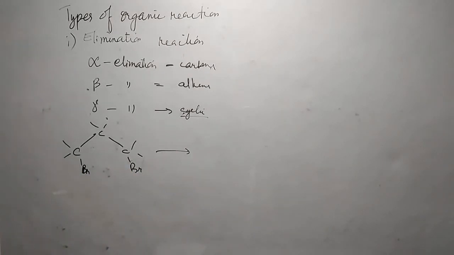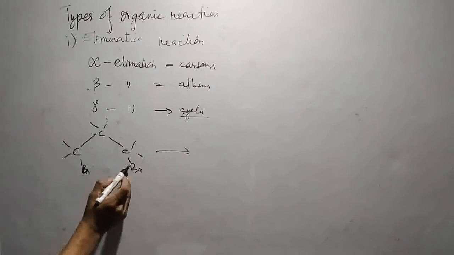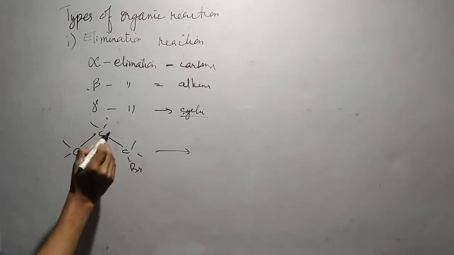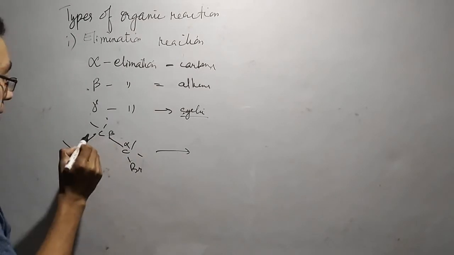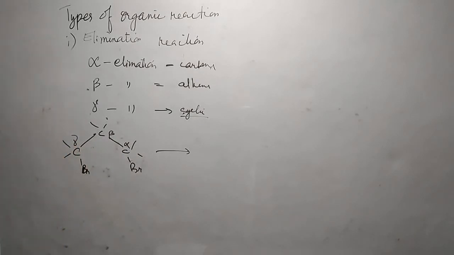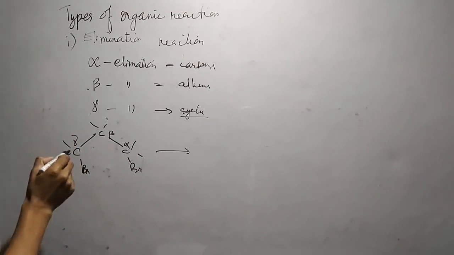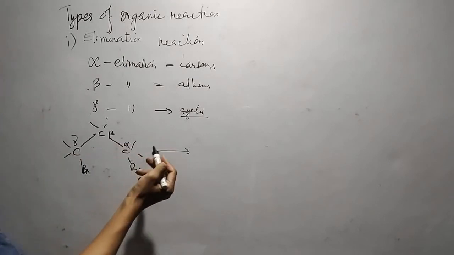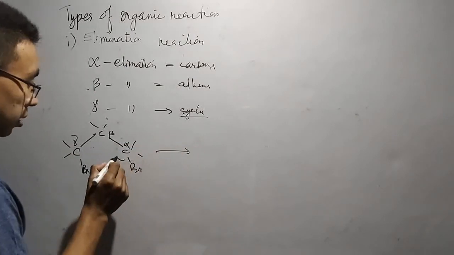Now in this case, see, you can count from here also or from here also. Suppose if I count from here, it will be alpha, beta and gamma. So there is an involvement of gamma carbon atom. Okay, then what happens, it will be like this.